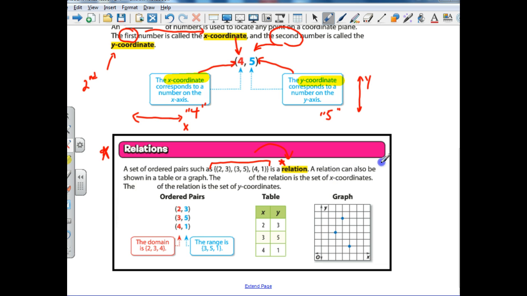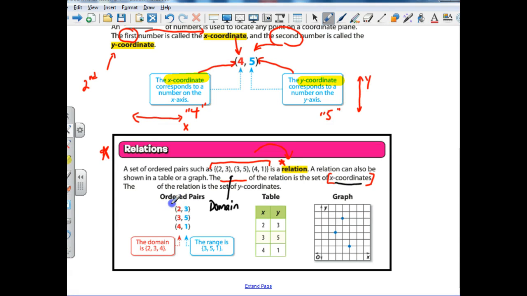A relation can also be shown in a table or a graph. There's a blank here. If you want to draw it in, you can. The blank of the relation is the set of x coordinates. The word that goes in the blank here is domain, D-O-M-A-I-N. It's the value of the x coordinates.